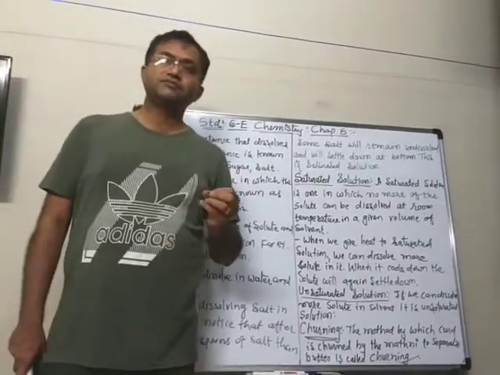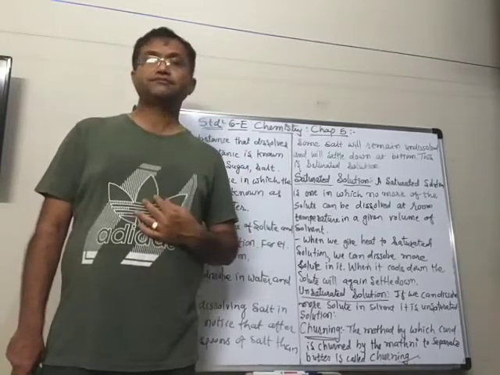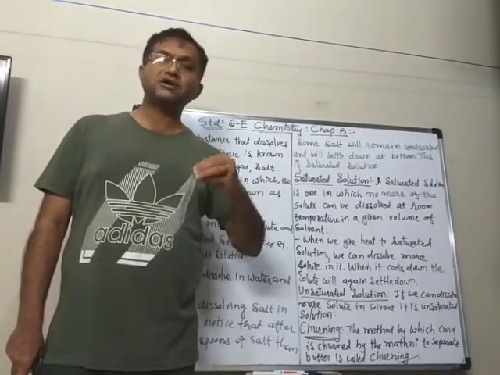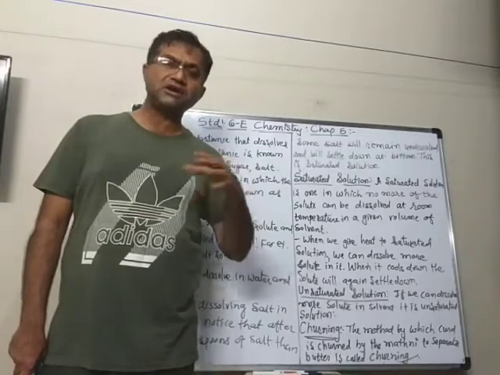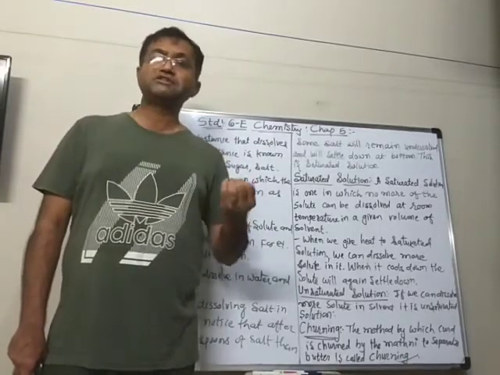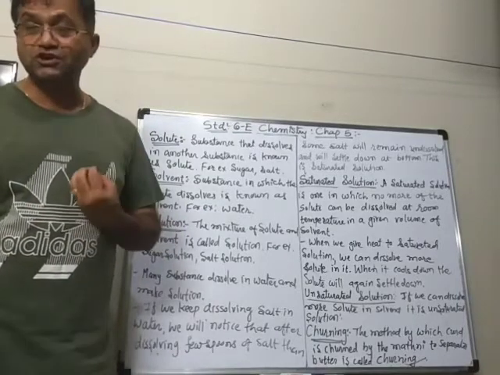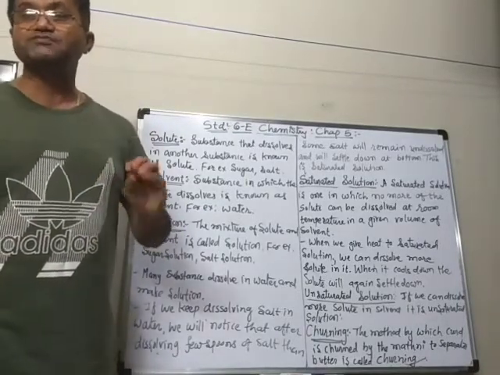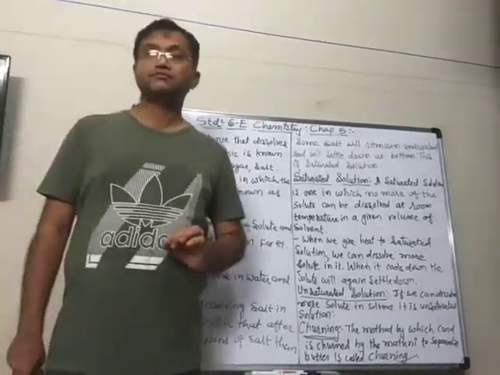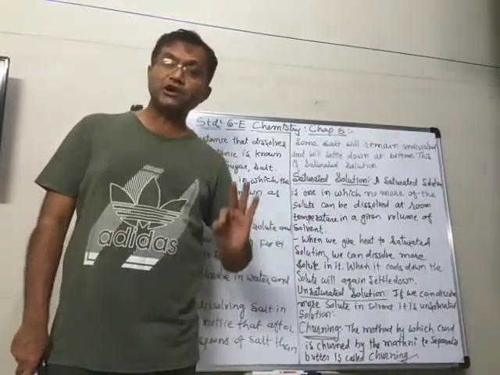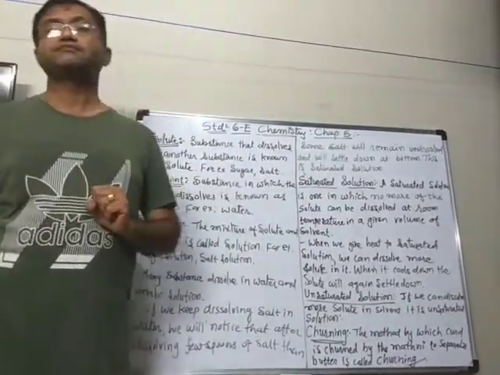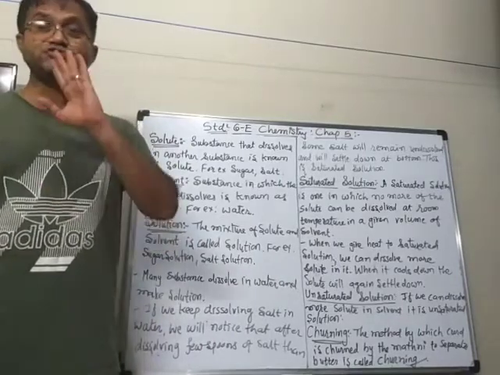And what is solution? So when we put the sugar or salt in water and dissolve, it is a mixture. Mixture of what? It is a mixture of solute and solvent. So the mixture of solute and solvent is known as solution.